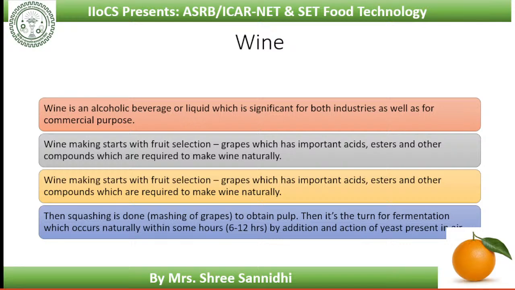We have a variety of wines now, but the common one is grape wine. Grapes have important acids, esters and other compounds which are required to make wine naturally.